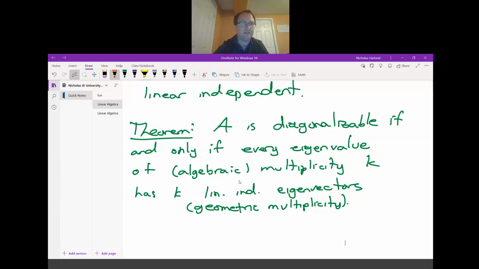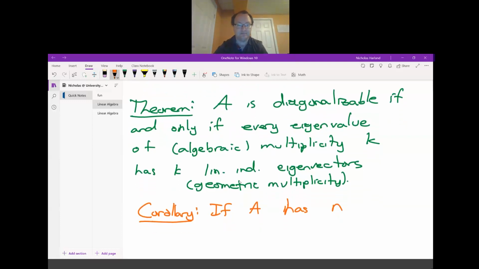And a nice fun little corollary to this is if A has n distinct eigenvalues, so no repeated roots, then it is diagonalizable.